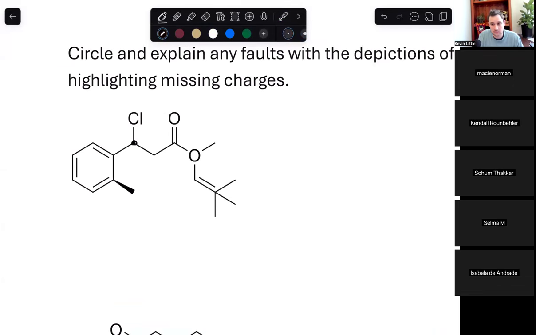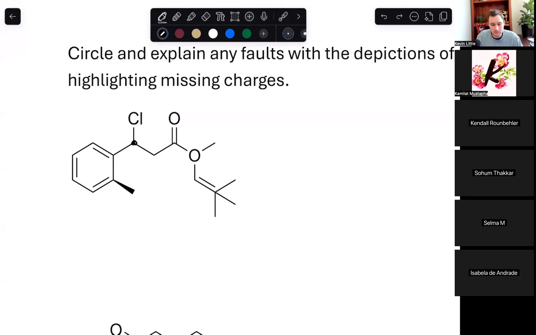It's sp3, but what's special about it? This is sp3 too, but it's not a very special one. What's special about that carbon? Tetrahedral? Well, so is this sp3 carbon. There's something even more special about it. It's a chiral center. You guys notice that?